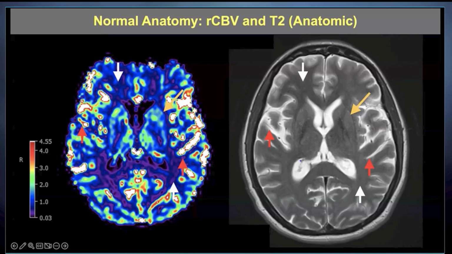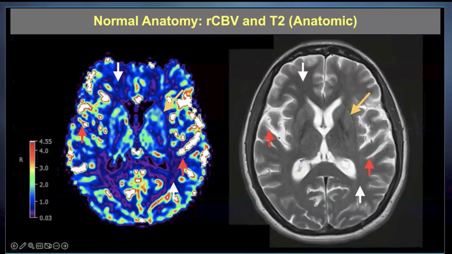And inherently, gray matter actually has about 1.6 times the microvascular density as normal white matter. And so because of that, we'll actually see an increase in relative cerebral blood volume, because that's what is quantifying the microvascular density, or the microvascular area within tissue.